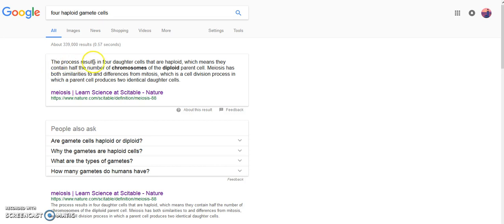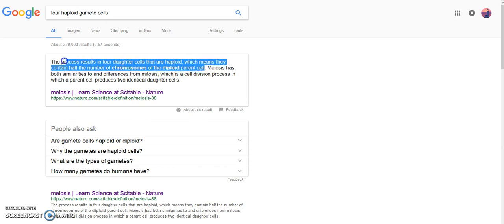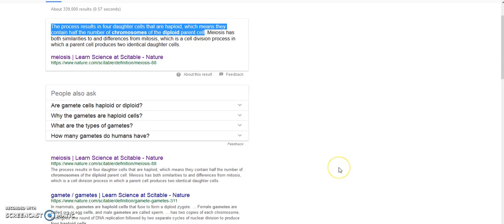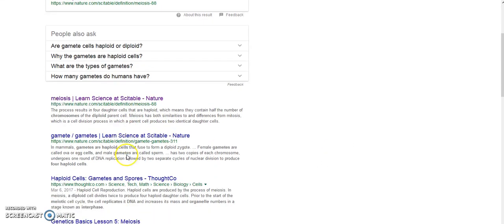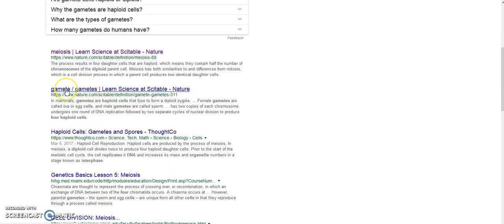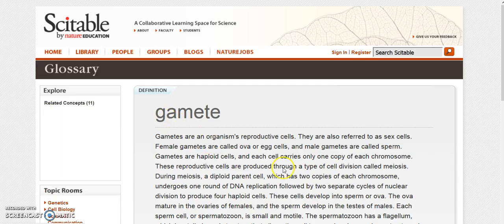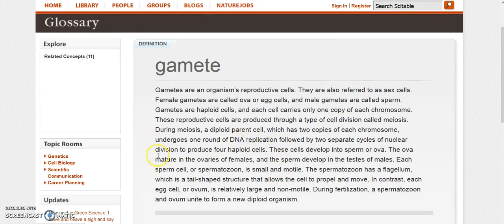It says over here the process results in 4 daughter cells that are haploid, which means they contain half the number of chromosomes of the diploid parent cell. And so gamete cells are haploid cells, and there's 4 of them that are produced when you have meiosis, which is a type of mitosis.